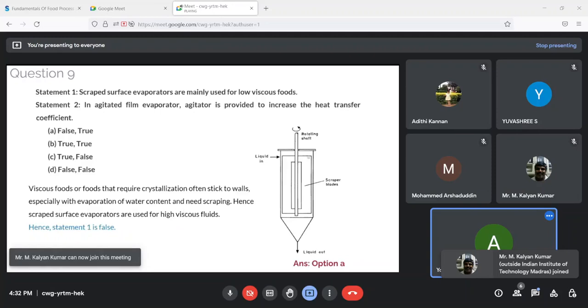So this is an example of a scraped surface evaporator. You'll have something like a stirring rod that is present, and you'll have a blade here. These scraper blades will scrape out whatever is sticking to the walls of the evaporator.